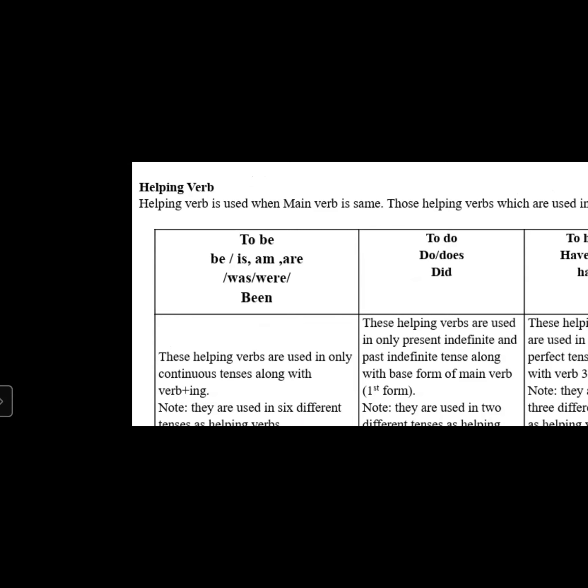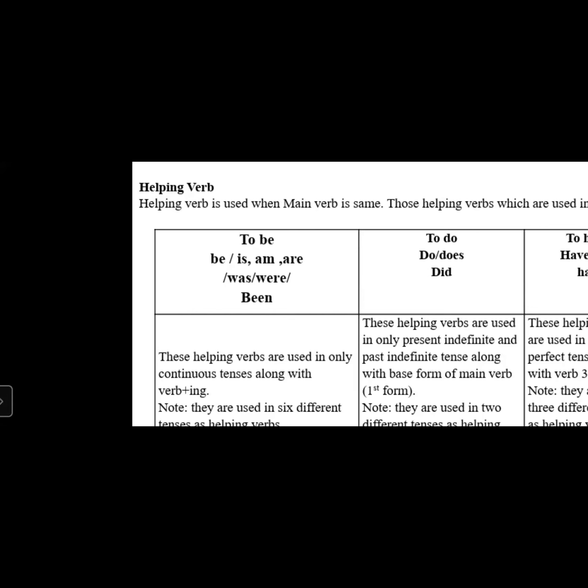To be can be is, am, are, was, were, and it is used with verb ing. So verb ing can come along with is, am, are, was, were, been, or be. It can never come directly after have, has, or had.